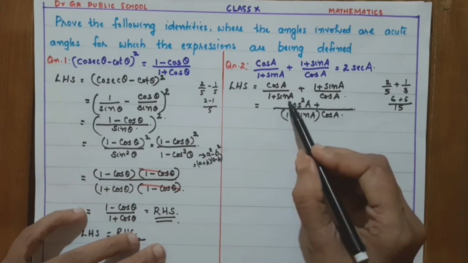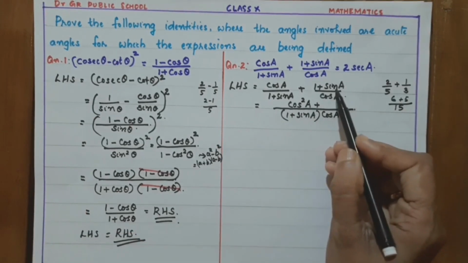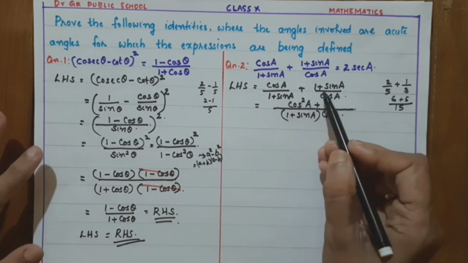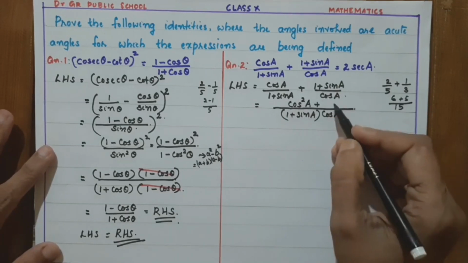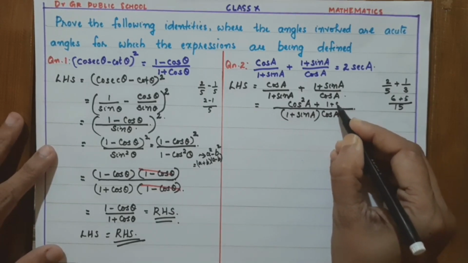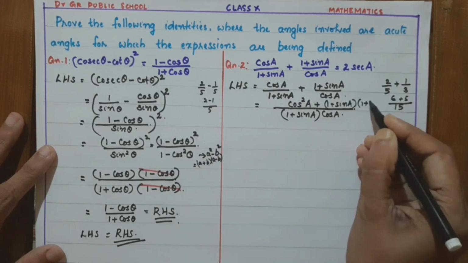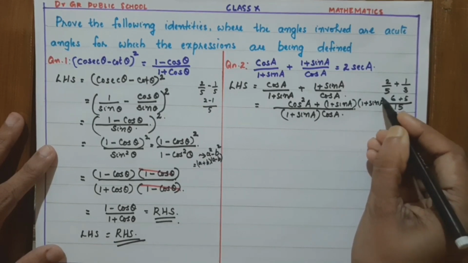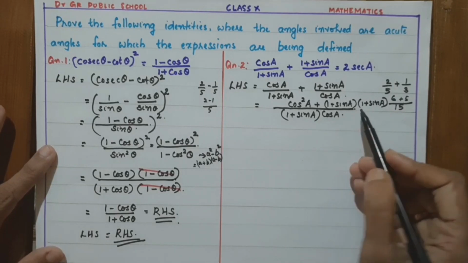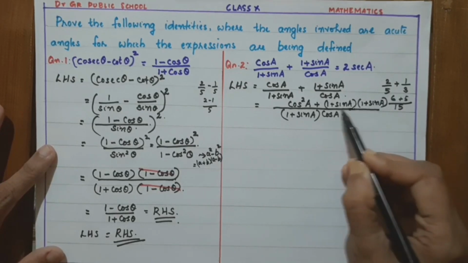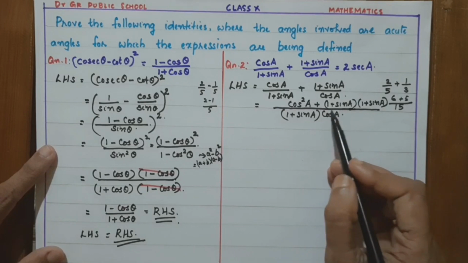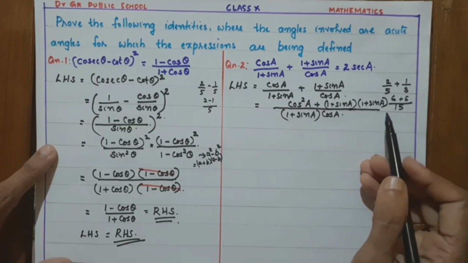Here we have 1 plus sin A, here also 1 plus sin A. So 1 plus sin A multiplied by 1 plus sin A. Don't write this as 1 plus sin square A. It is 1 plus sin A multiplied by 1 plus sin A.